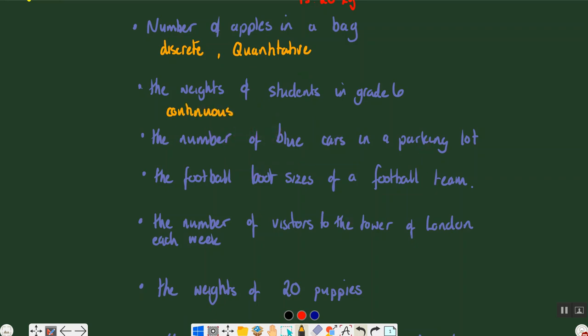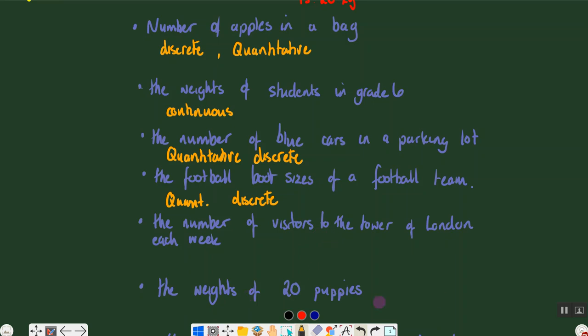The number of blue cars in a parking lot. Is it quantitative or qualitative? If you're going to tell me that it's discrete, it's quantitative, isn't it? And discrete, because we are counting the football boot sizes of a football team. Quantitative, and we would say discrete.